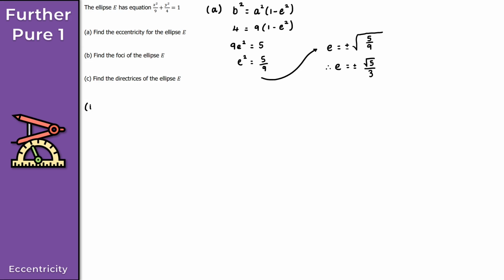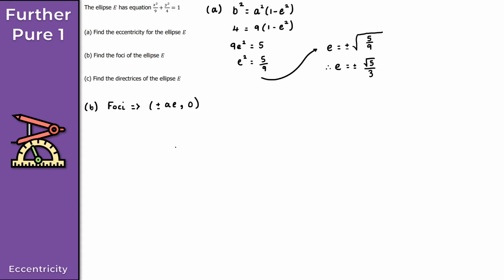For part B, it says find the foci of the ellipse E. Don't forget that the coordinates for the foci are given as plus or minus ae for the x coordinate, and 0 for the y coordinate.